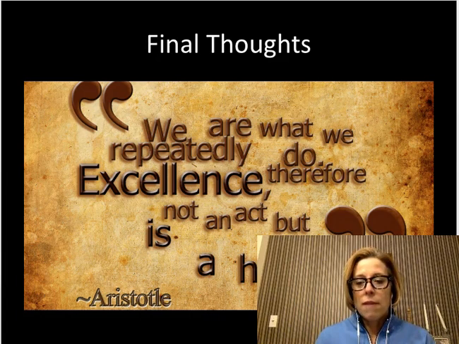So one of the things that I value, again, is that effort and that initiative and that continued development that I think makes us great in terms of our work with kids. And one of my favorite quotes I like to end with, and it's Aristotle, and it's very simple: we are what we repeatedly do, therefore excellence is not an act, but a habit.